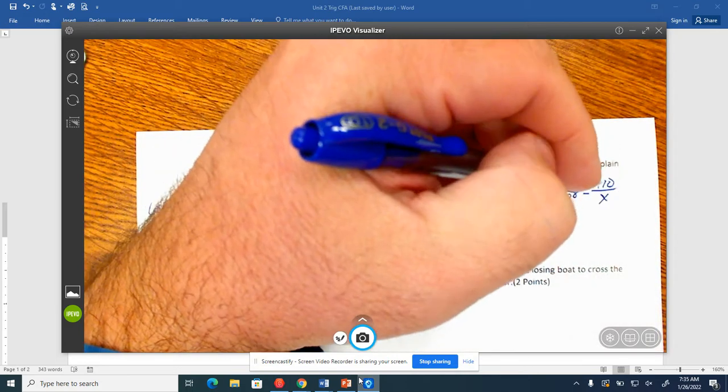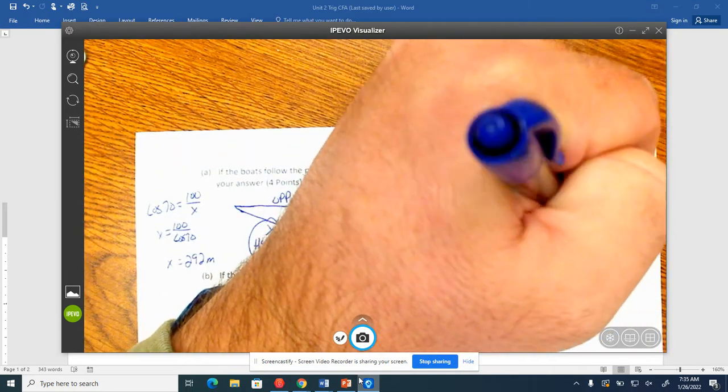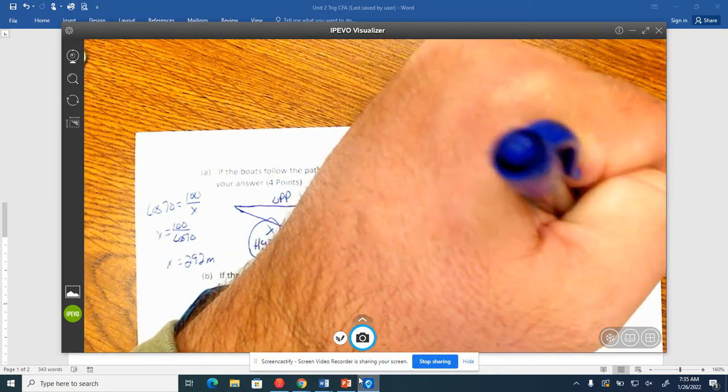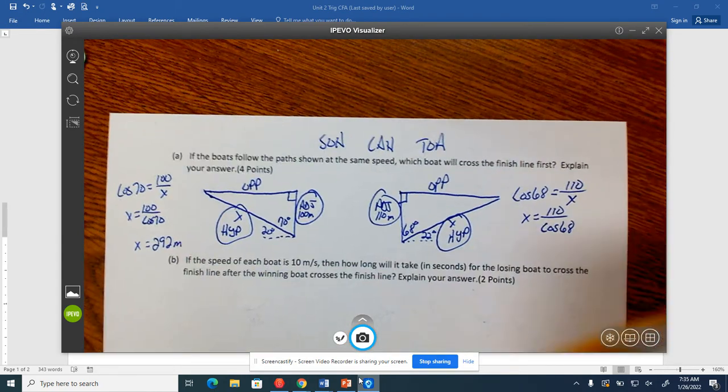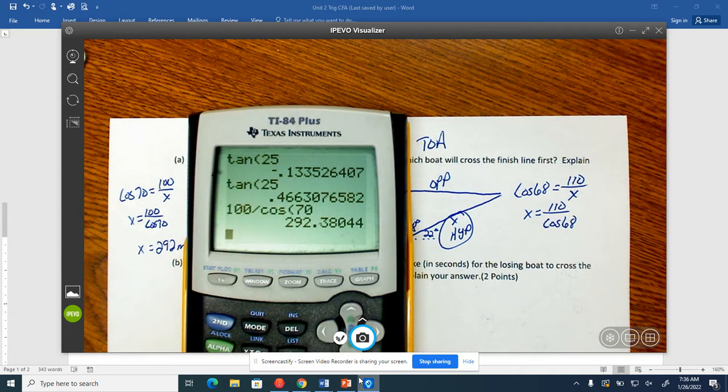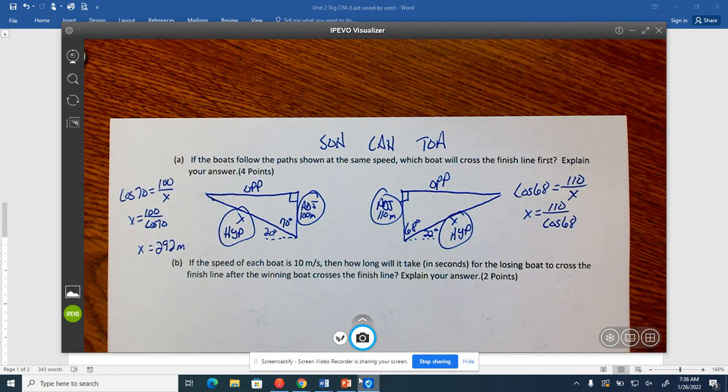Because x is in the denominator, I switch. X equals 110 over cosine 68. So 110 divided by cosine of 68 is 293.6. Or you could even do 294.